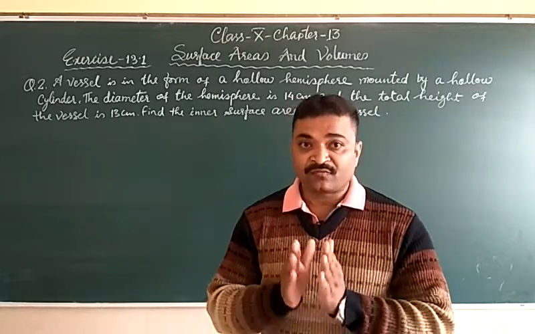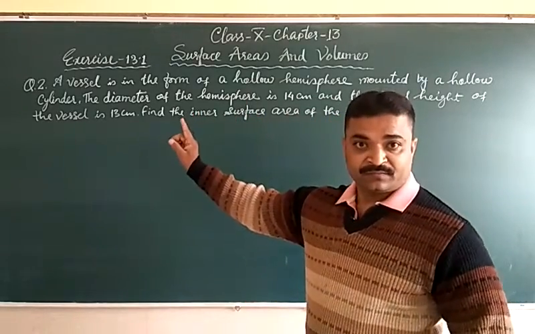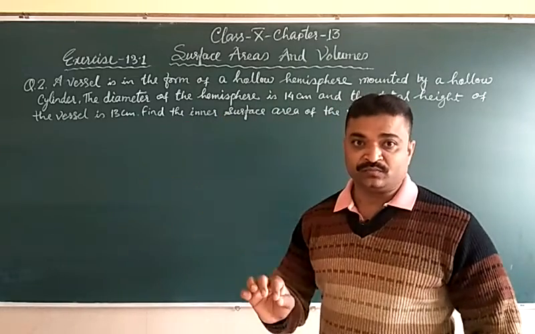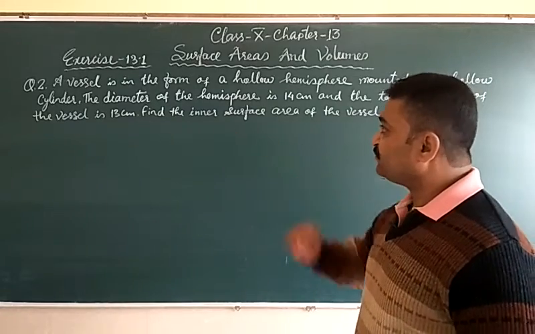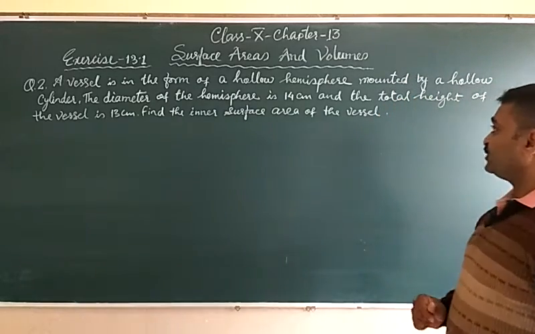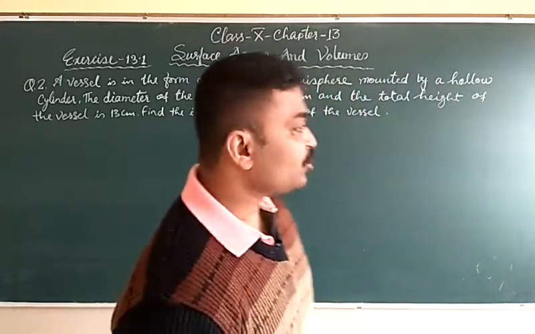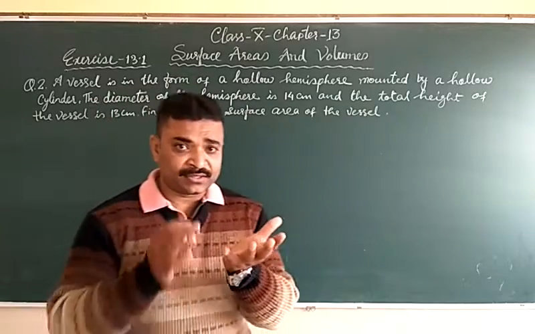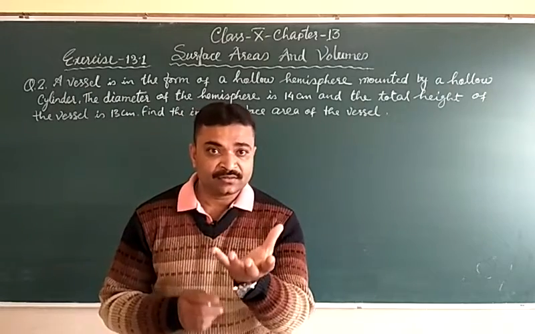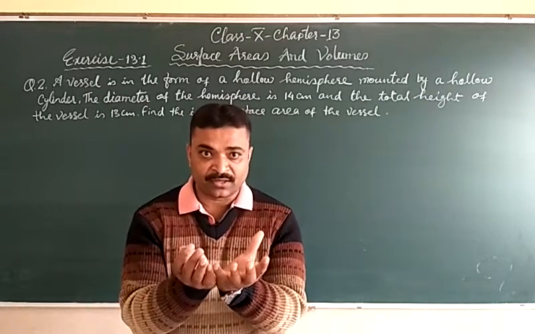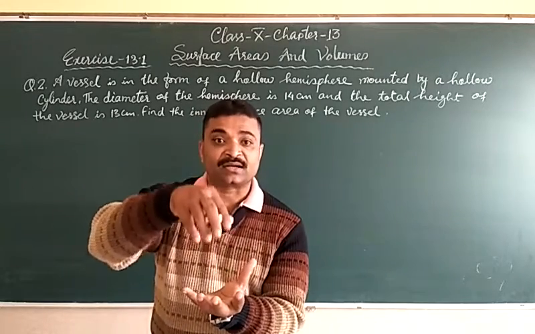Clear? Today, from this video, we are going to start our exercise number 13.1 and I am taking question number 2. In this question, it is given that a vessel is in the form of a hollow hemisphere mounted by a hollow cylinder. मतलब एक ऐसा वेसल है जो कि नीचे से हेमिस्फीयर के फॉर्म में है और उसके ऊपर एक होलो सिलेंडर रखा हुआ है.